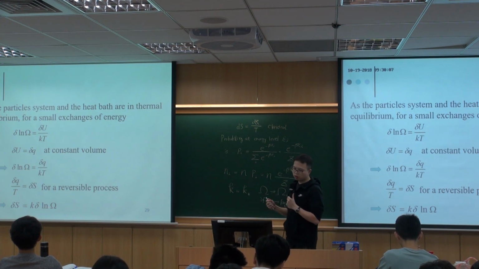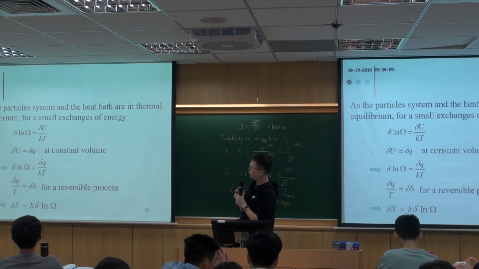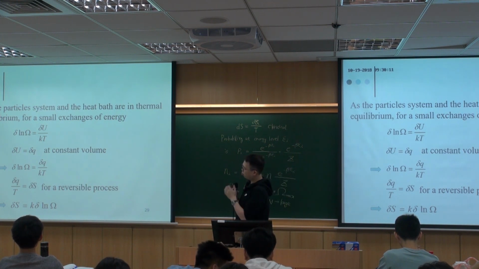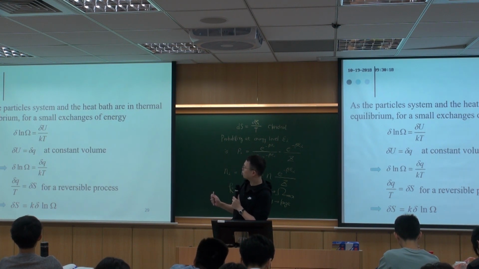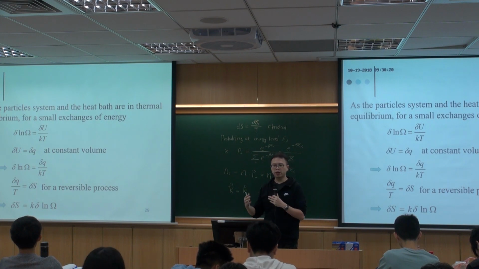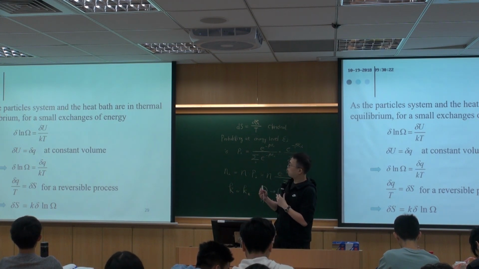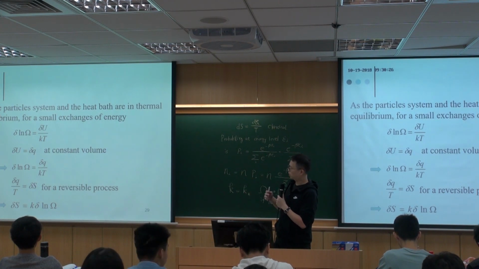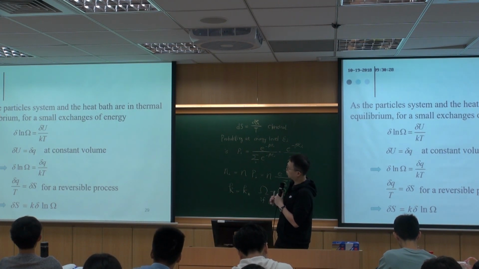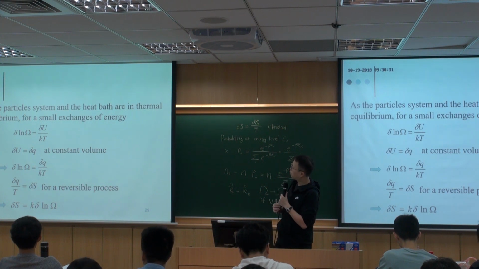And since we know entropy is a state function of the system, we can define entropy as K log omega. So this is how we connect classical thermodynamics with statistical thermodynamics.